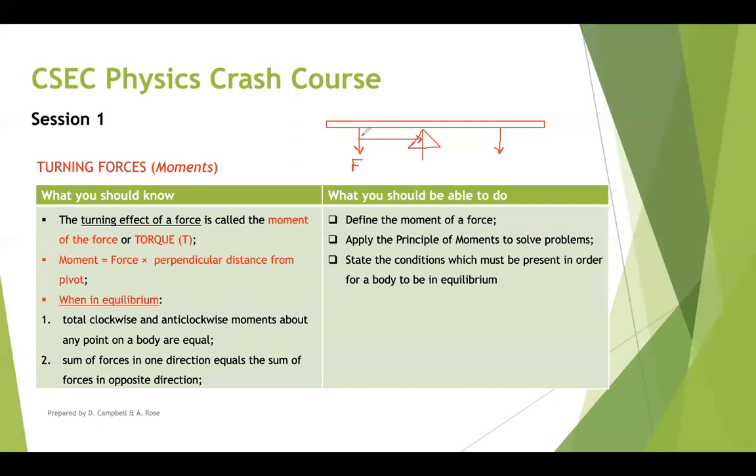Now we say perpendicular distance because the force is acting in a vertical manner, but the distance that we measure is a perpendicular distance. So you see the red angle is here, right? Now the SI unit for moment is Newton meter, all right? We measure forces in newtons, and the SI unit of distance is meters. Combine the two, we get Newton meter.